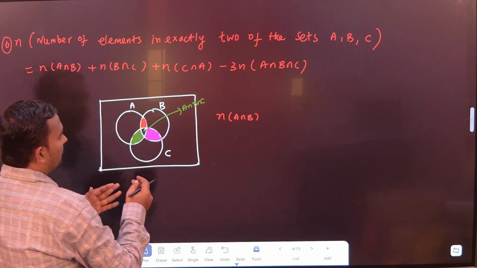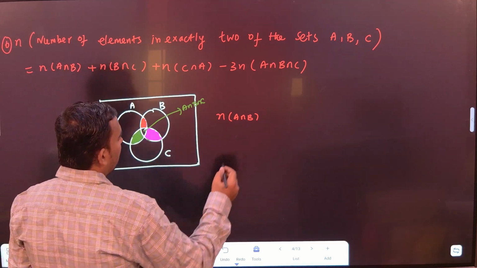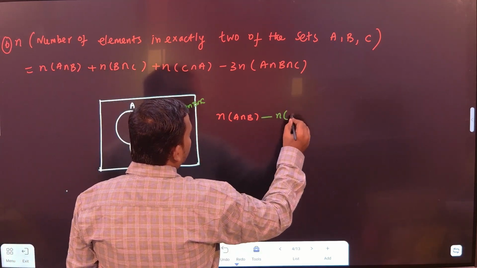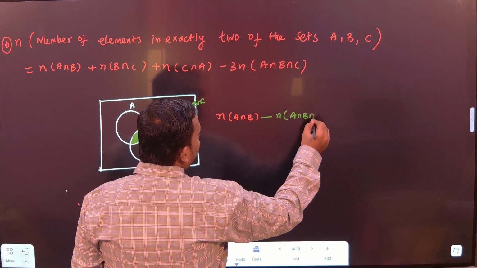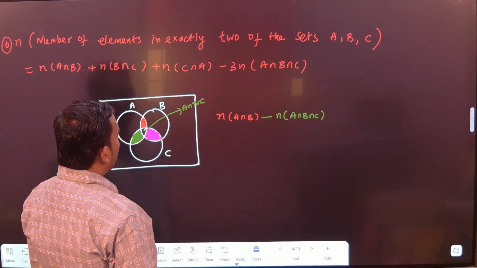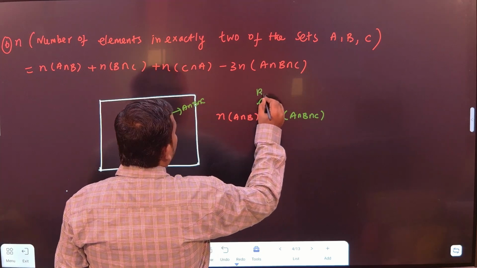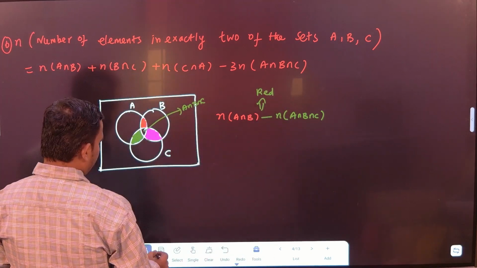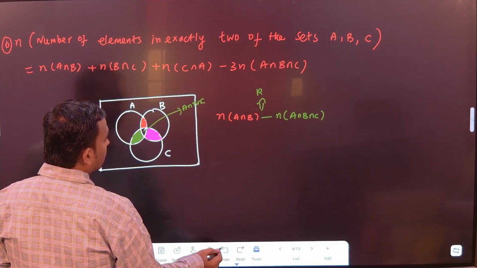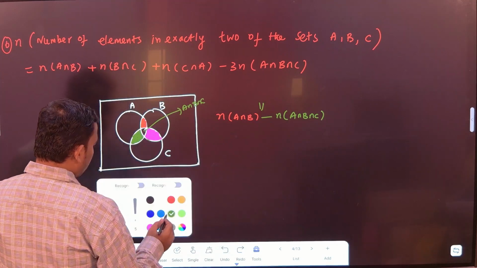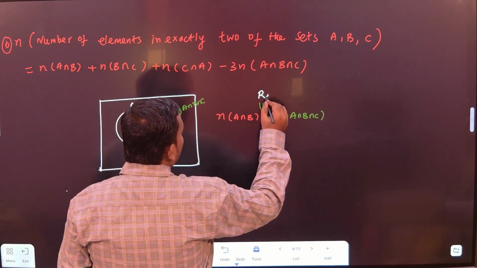This is completely covered, but we need only the red color portion. So you have to subtract one time n of A intersection B intersection C. This is for red.